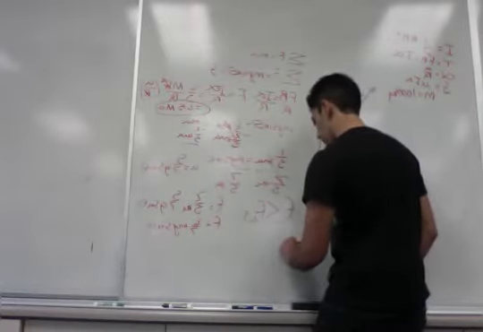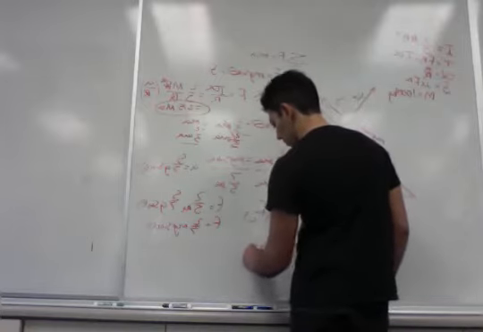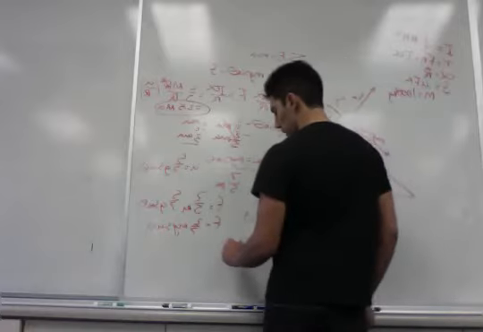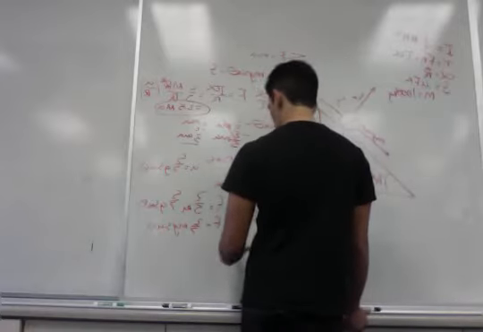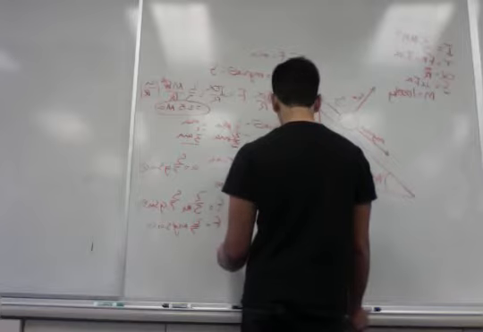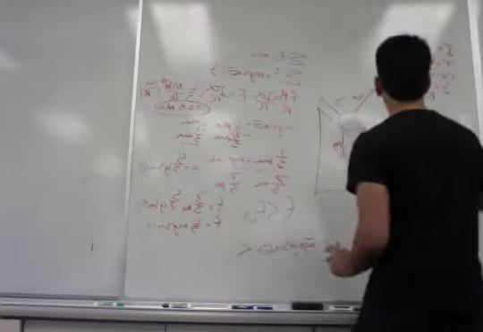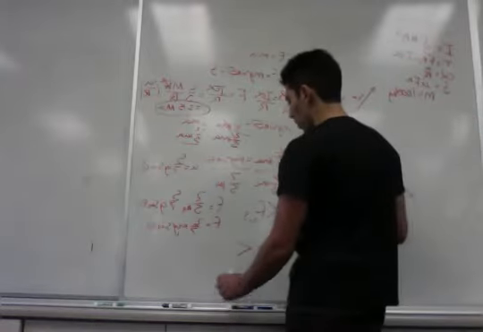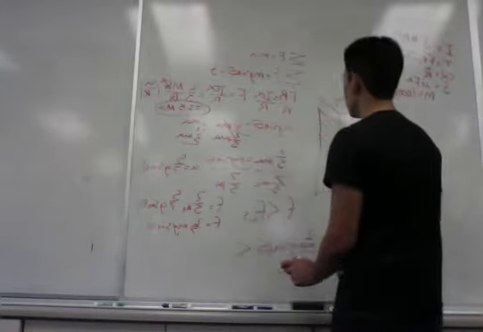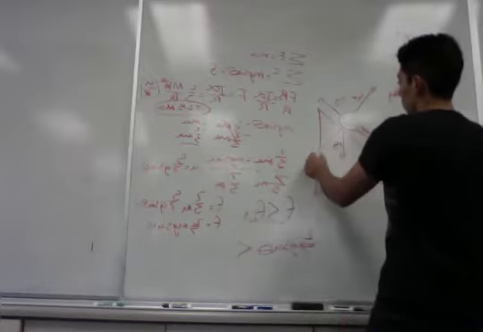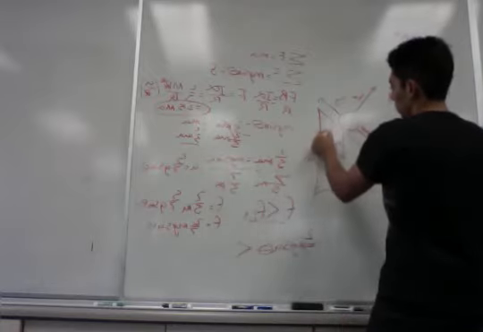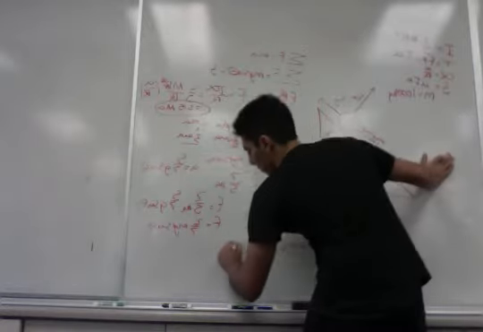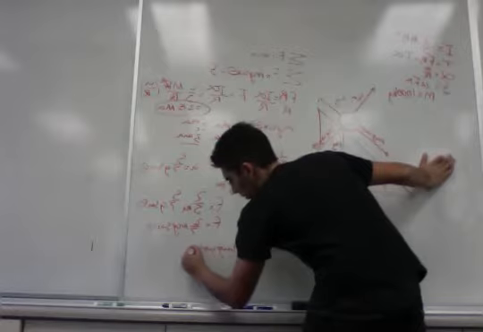2/7 mg sine theta must be less than the force of static friction, which we know is equal to mu times Fn, and we know our Fn is equal to mg cosine theta, since those forces are the same. Mg cosine theta.